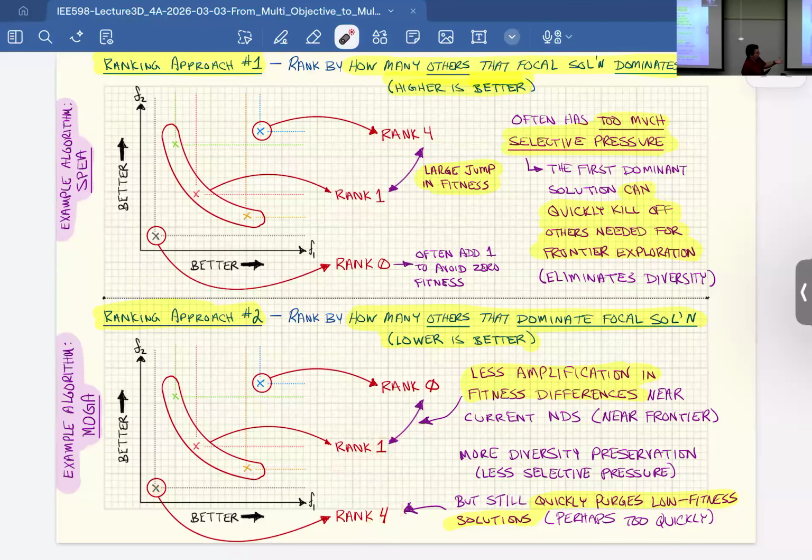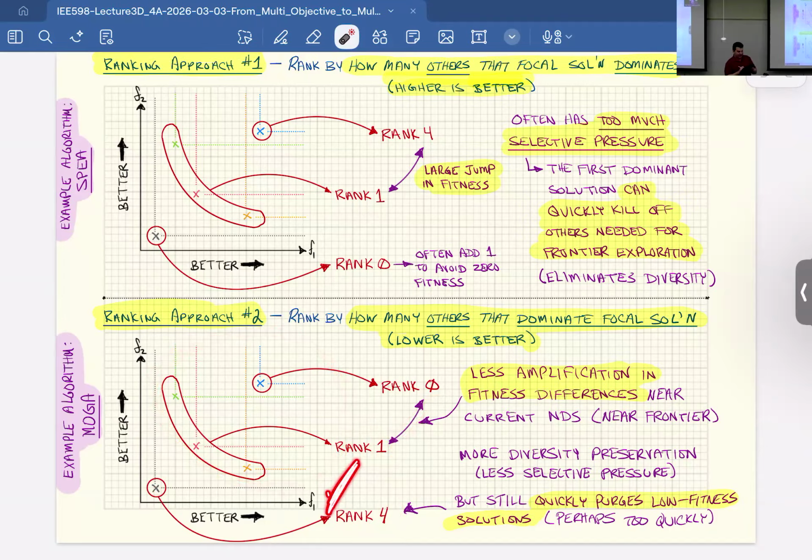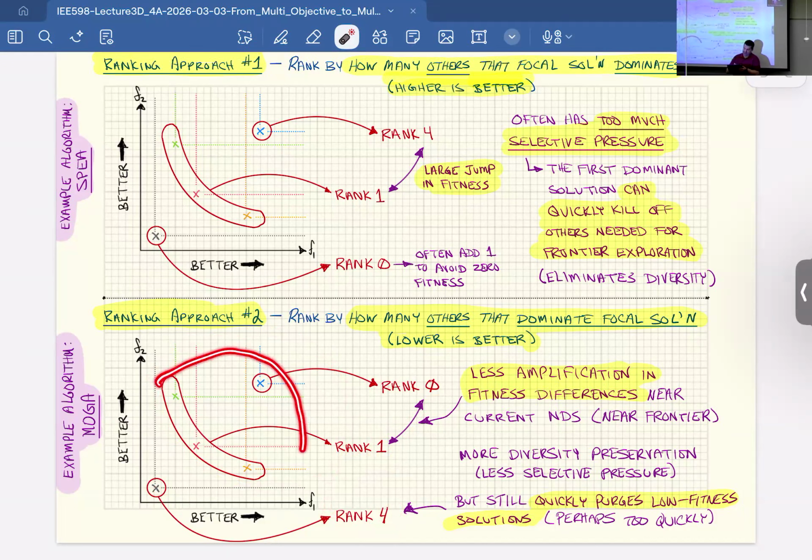So the nice thing about this is that you get a compression of the difference between your high ranking solutions, your good solutions, and then you get a spreading out. So the selective pressure here might be doing something you like, where it helps ensure that these individuals stay around, and it puts a huge penalty on this individual so that its spot in the population can be given up so that you can have more exploration.